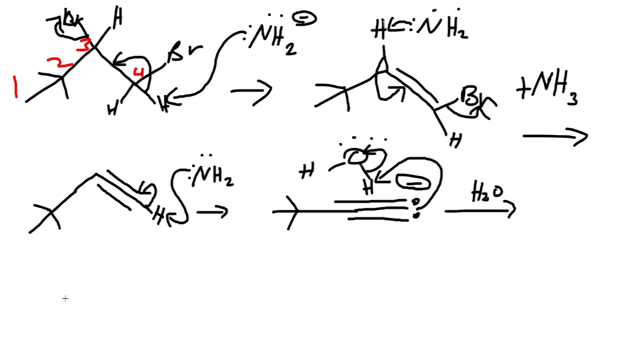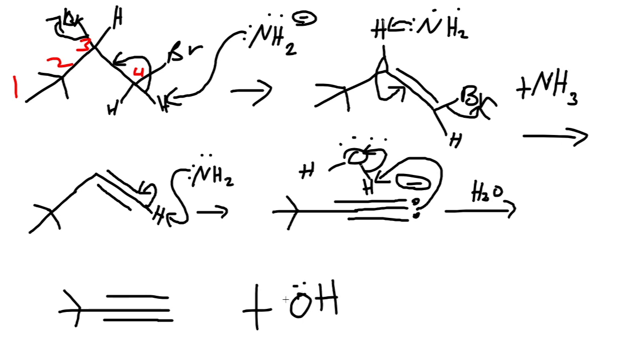So from here, we'll have a product that will look like this. You can add the hydrogen here, but you don't have to, but you should know that it's always there, plus the OH that we had formed. And this is our final product for this mechanism.